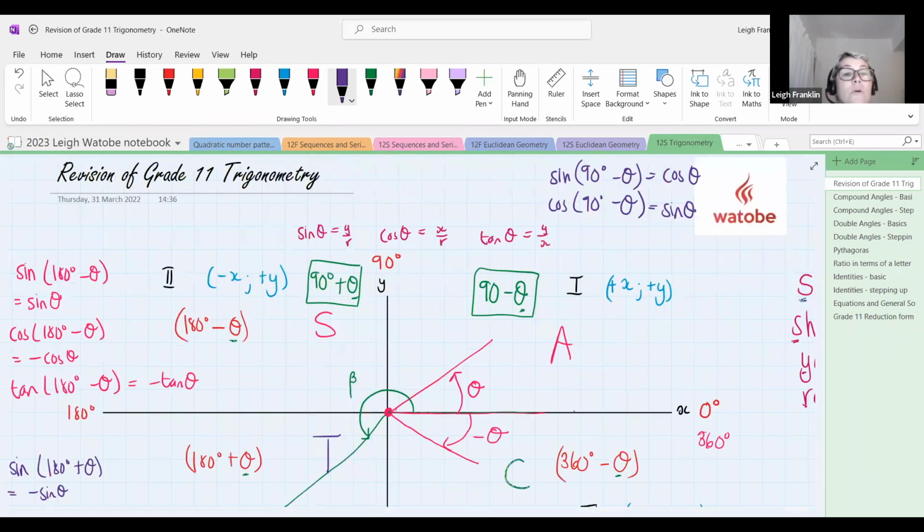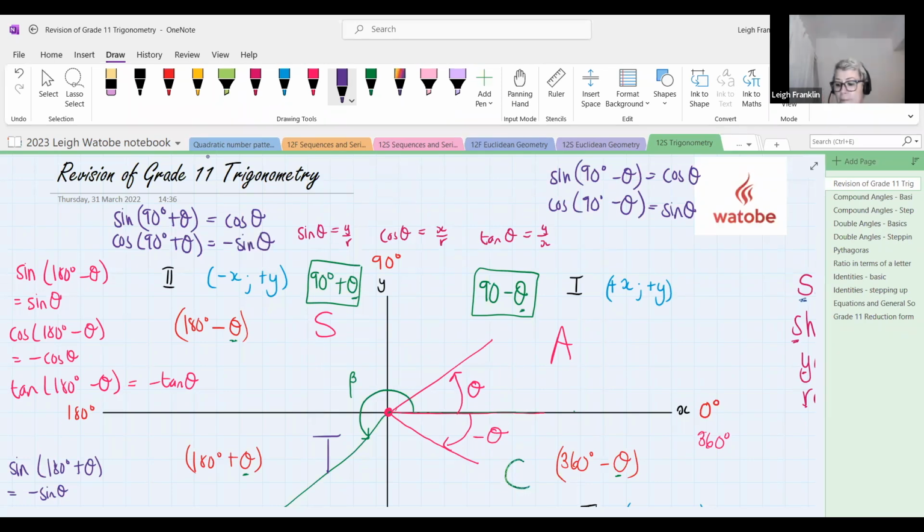In the second quadrant, same story. We can have the sine of 90 plus theta, which reduces to positive cos theta, and the cos of 90 plus theta, and this is the odd one out. It reduces to negative sine theta.